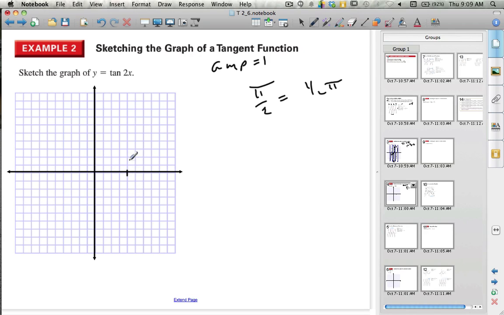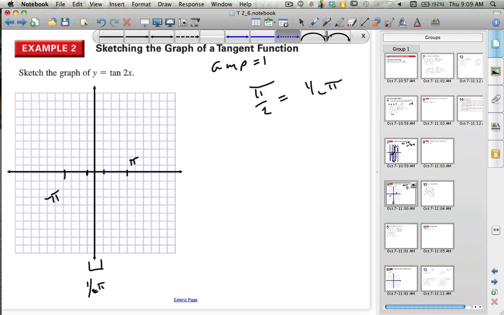Let's say that's pi. 1, 2, 3, 4. And that's negative pi. Half a pi would be 1/4, half of the 1/2 pi period would be 1/4. So that would be here, and the other quarter would be there. So this period here is 1/2 pi.